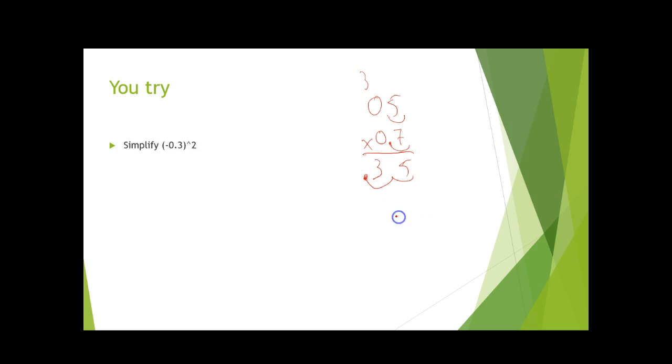My answer would be 0.35. So try that one. The possible answers are A, 0.9, B, negative 0.09, C, negative 0.9, or D, 0.09. For more practice, please do page 41, numbers 32 through 39.